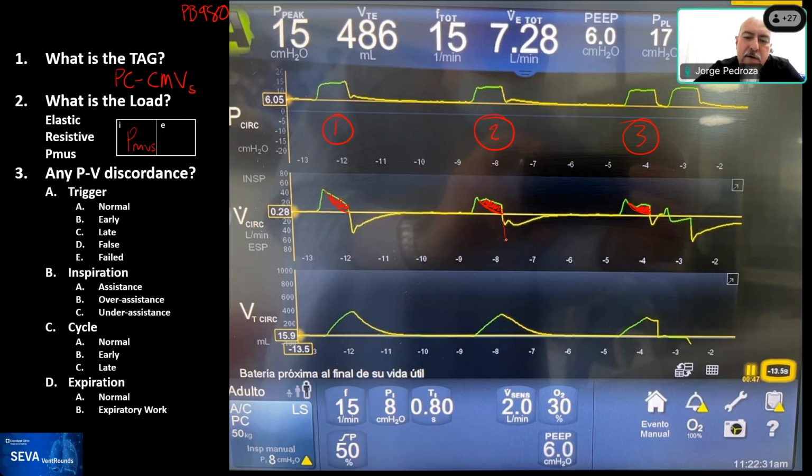We would expect it also to be triangular, so we can also see some PMUS, but also it looks like the expiration flow measures maybe 1.2, 1.5 seconds at most, so it would probably be an elastic expiratory area. So which patient-ventilator discordance can you see?